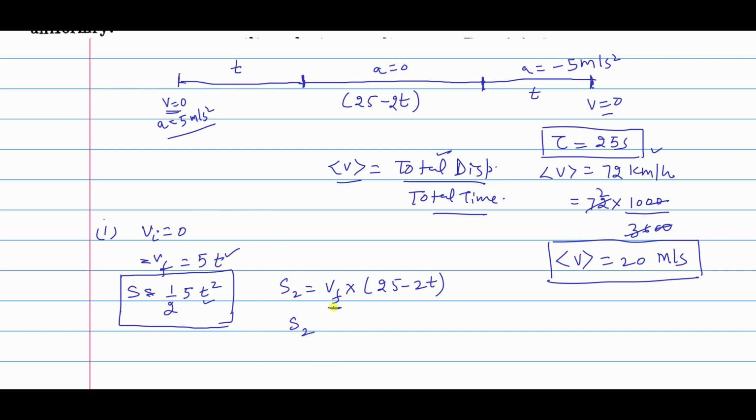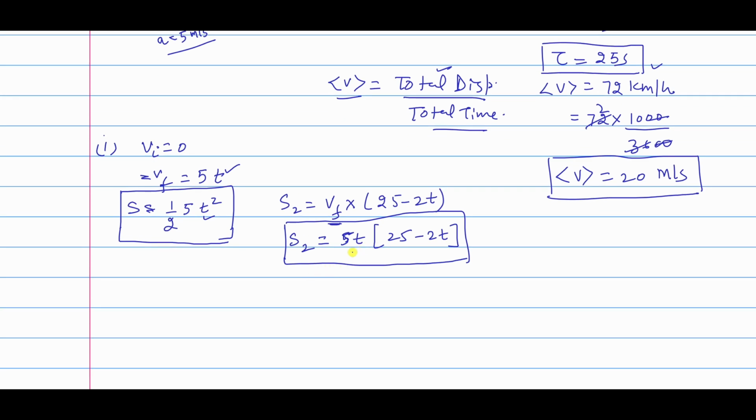I mean, this formula is also useful now. So s2 is equal to 5t multiplied by 25 minus 2t. This is our second displacement, or we can solve it further.